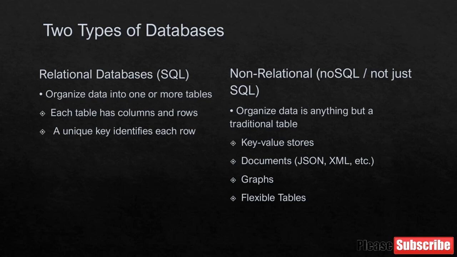Then in non-relational or NoSQL, the organized data is anything but a traditional table, like the one you see in Microsoft Excel. It has key-value stores, which are, let's say, A1, A2, B1, B2, and all of those. Then we have documents, but here it's a bit different. The documents are saved in JSON and XML files.